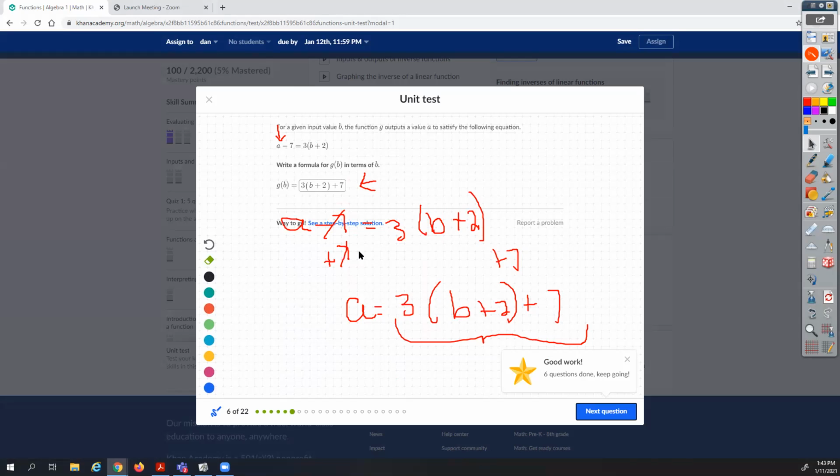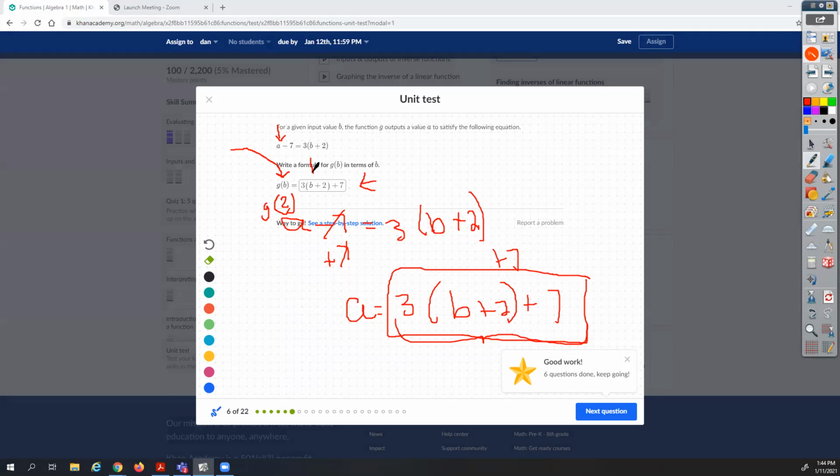Now, I want you guys to understand, remember I solved for a and then I solved for b, right? Well, if we think about this, this part right over here is the clue. If we see a g of b, we need to make sure that the equation we're going to have has a b in it. For instance, if I give you g of 2, that means I need to plug in the number 2 for the variable b, correct?